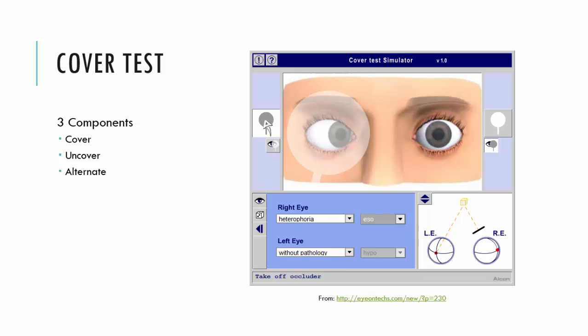Okay, so I'm looking at the speed at which recovery occurs. And recovery can be rapid, so very quickly, to slow recovery. And the slower the recovery, the poorer the control of the deviation. So here recovery is giving us some information around control of the latent deviation.